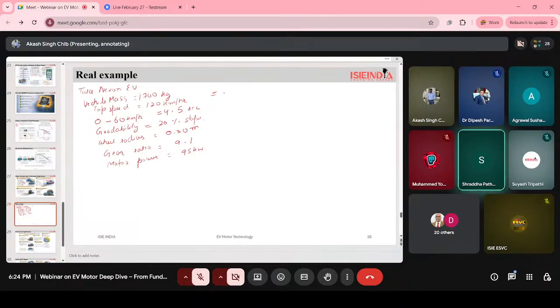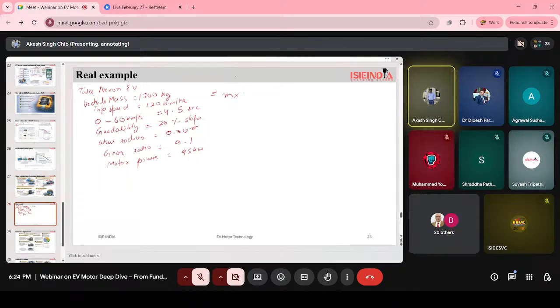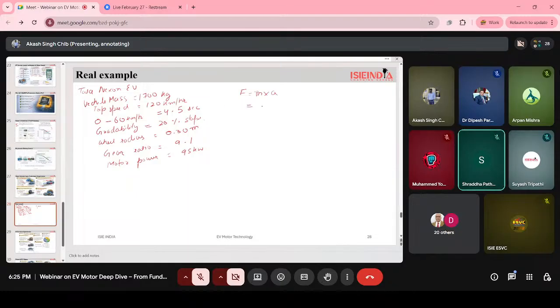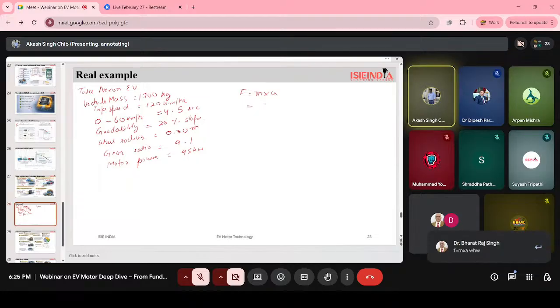F equals M into A. Yes, right. And here M is what? Mass. Here M is the mass of the vehicle, and A is the acceleration.